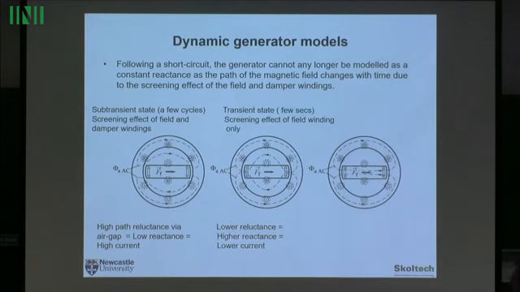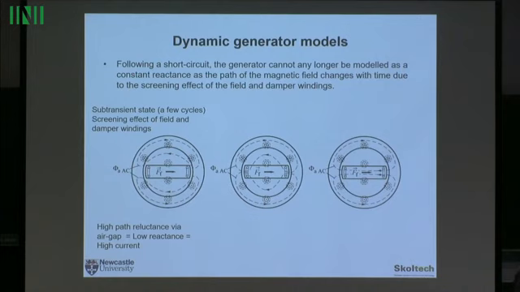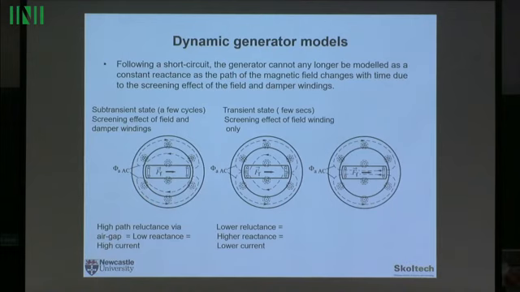Because of this low reactance, and current being voltage divided by reactance, a very high current flows initially. With time, those currents dissipate energy in both the damper windings and the field windings, but damper windings have high resistance. That means that after a few cycles, we have the so-called transient state.